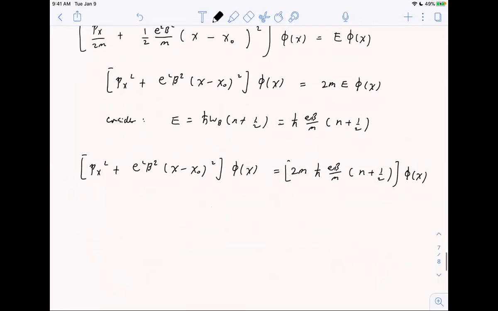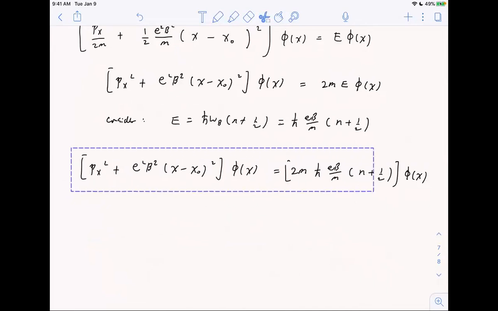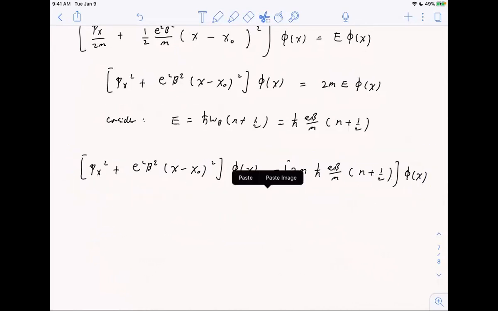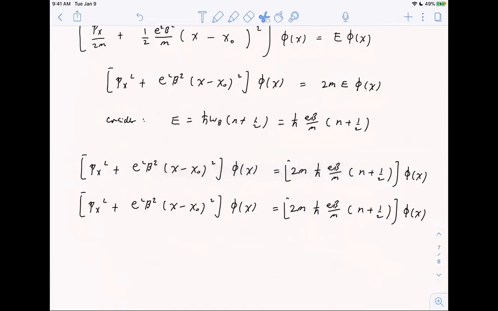Then this m will cancel. Okay, this m will cancel. So eventually you only have the 2 h bar e b.